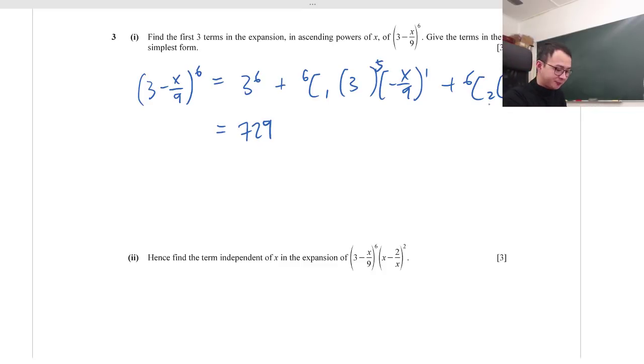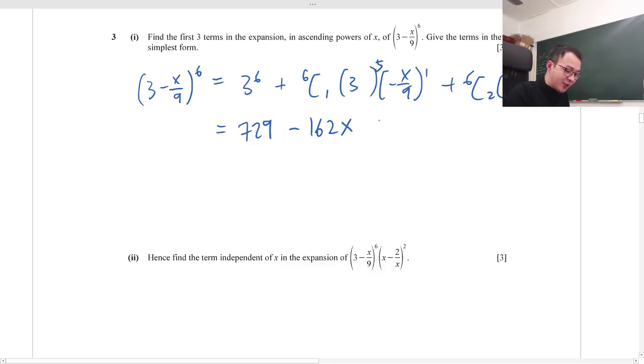Alright, so then here I will just type everything. I mean 6c1 times 3 power of 5 here, and then divided by negative 9, or you can say multiply negative 1 over 9. Because it's over 9 over here, you get negative 162x.